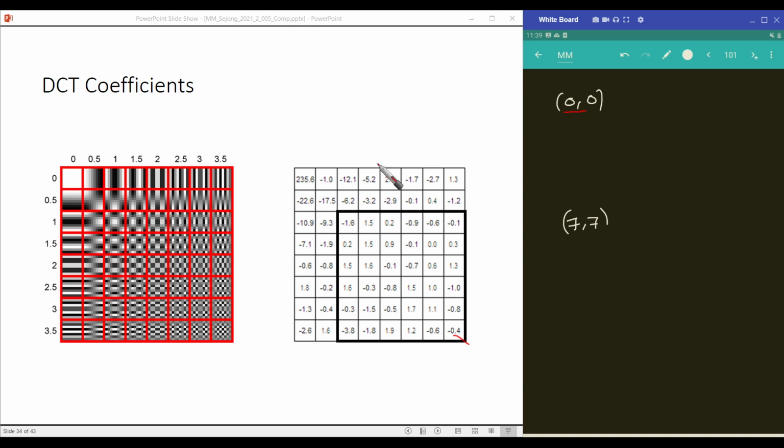If you remember, as we go rightward, our frequency increases, or as we go downwards, our frequency increases. So this is the very beginning location, where our frequency is the lowest. In fact, the 00 location is not a frequency. This is a direct value, the average value.